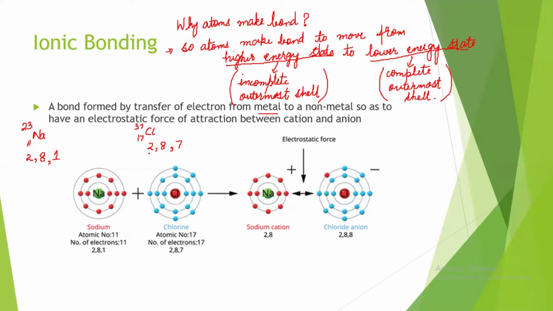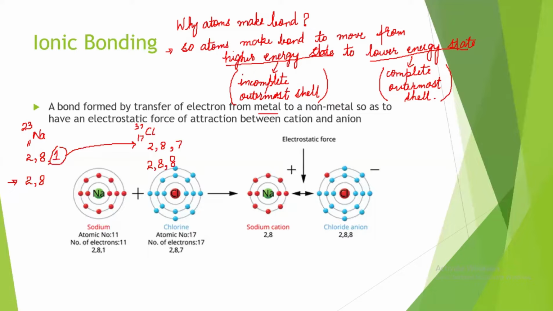In this way, what will happen? The outermost electron from sodium is transferred to the outermost shell of chlorine. Now sodium's outermost shell would have 8 electrons, and chlorine would also have 8 electrons in its outermost shell.